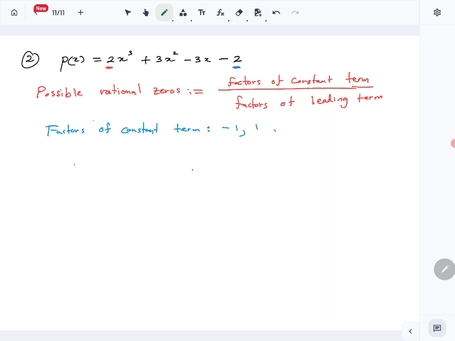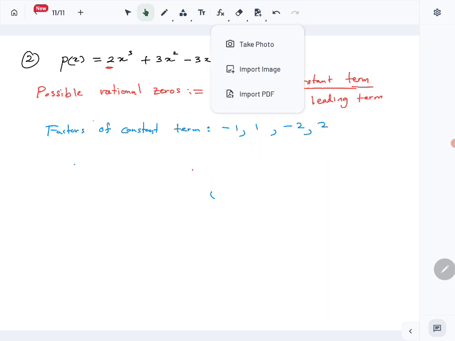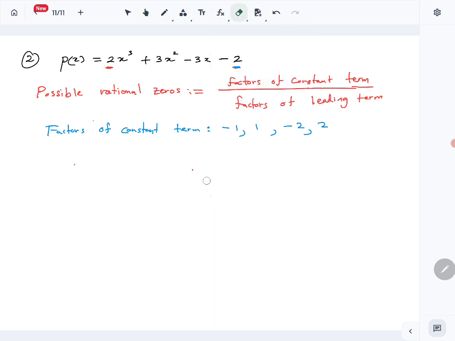Minus 1, 1, minus 2, 2. You also have to include the negative factors, okay? Because zeros can be negative also. So the constant term has those four factors. What are the factors of the leading term? The leading term is 2. Again the same factors, no? 1, minus 1, minus 2, 2.